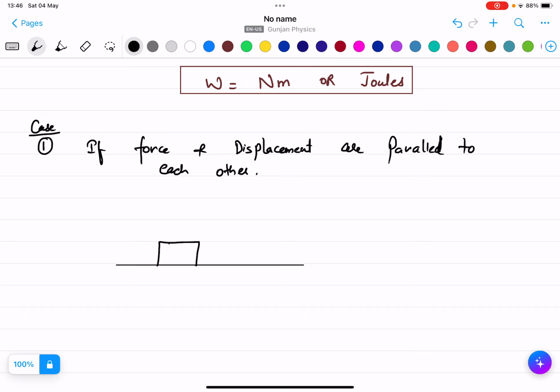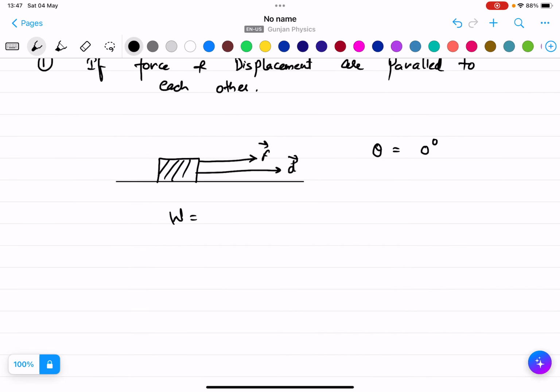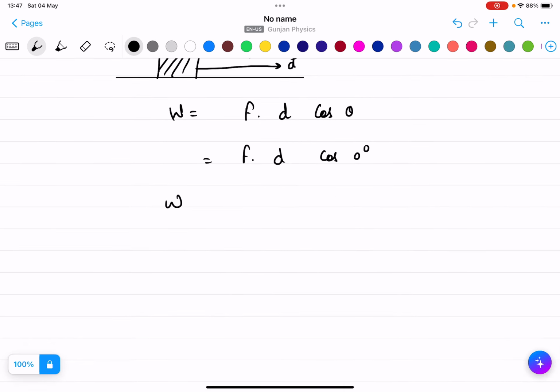This is a body, and here are the force and the displacement. They are parallel to each other. That means the angle between them is 0 degrees. The work done is F D cos theta, so F D cos 0 degrees. Cos 0 degrees is 1, so it will be F into D. So when theta equals 0 degrees, work done equals F into D.